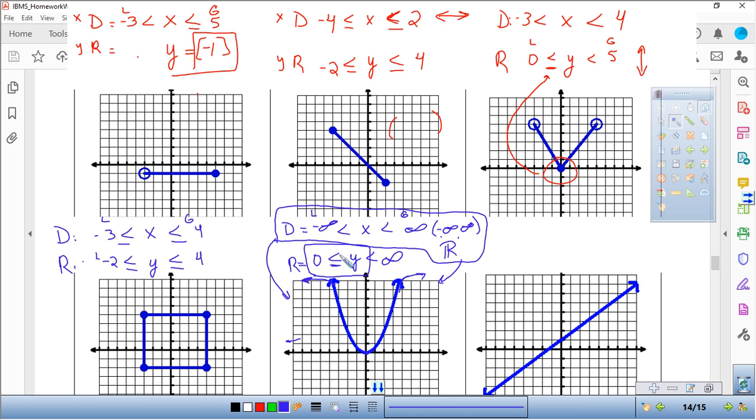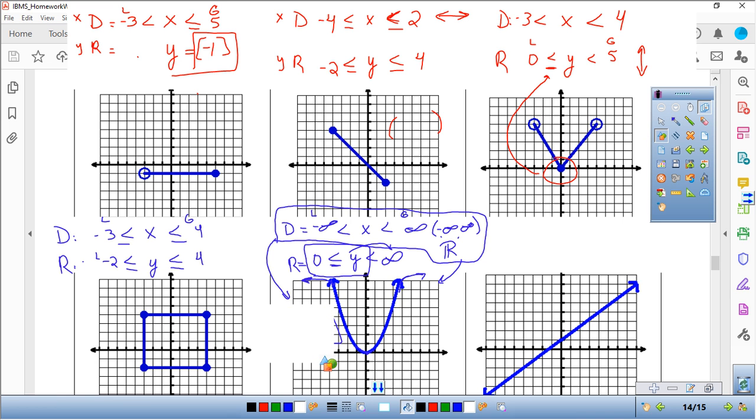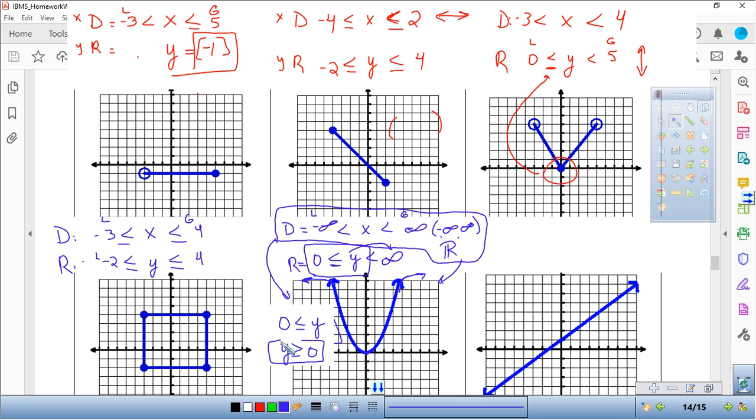Any number greater than or equal to 0, all the way to infinity? So this is what you would see as your answer. This is the best answer right there. Make sure you understand that they can switch this up on you. Actually, this would probably be your answer.